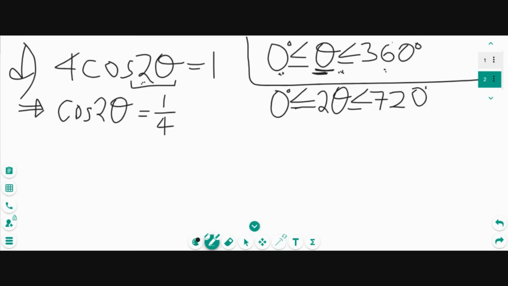When I have that, I can now take the cos inverse on both sides. When you have cos, take cos inverse. When you have sine, take sine inverse. And when you have tan, take the tan inverse. How do you do the tan inverse or the sine inverse? You press shift, and then you press that function.